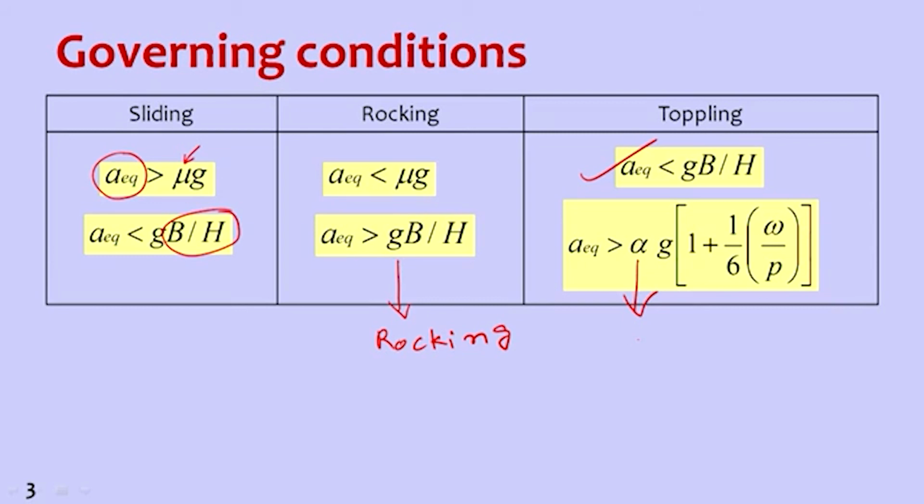Alpha is the ratio of B by H multiplied by g, 1/6. Omega is the forcing frequency, and p is equal to root of 3g by 4R. These are the basic equations with which we will check the safety of a non-structural element.